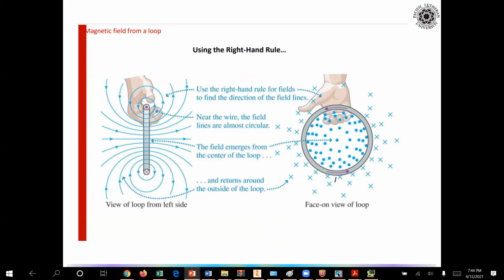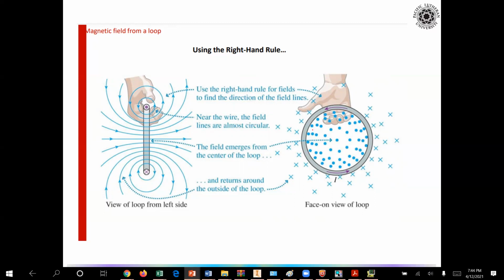Inside the loop it points from the right to left, and outside the loop it goes from left to right. The same concept applies to the second part, where the current goes inside. Using the right-hand rule, we find the magnetic field directions outside the loop point from right to left, and inside the loop from left to right.